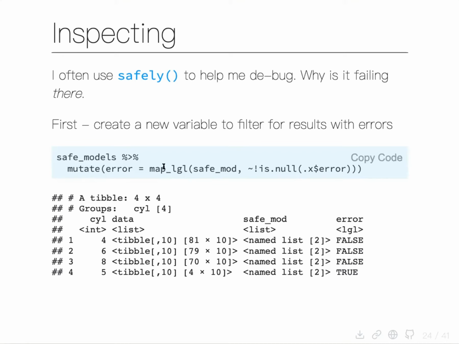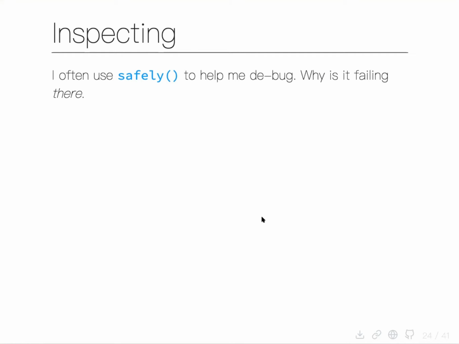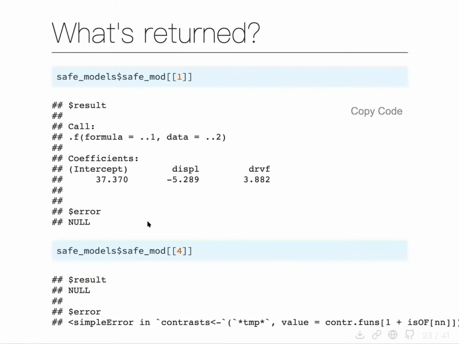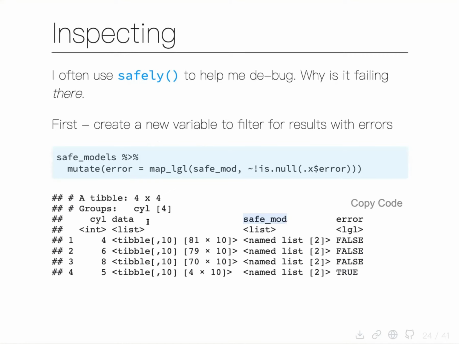I'm doing map_lgl because I'm returning a logical vector. You could return other types of vectors, of course. But I'm going to loop through safe mod. Each time I loop through this, I'm going to be accessing a list that looks like this, right? So every time I'm getting a list in return. What I'm going to do is say is.null for .x$error. The dollar sign is going to give me the thing that is named error.